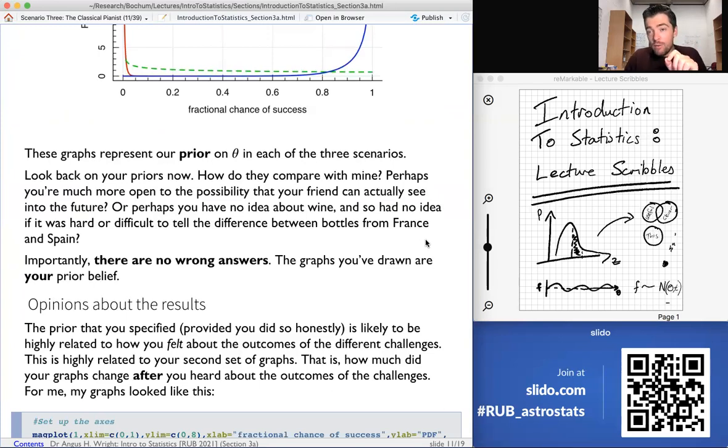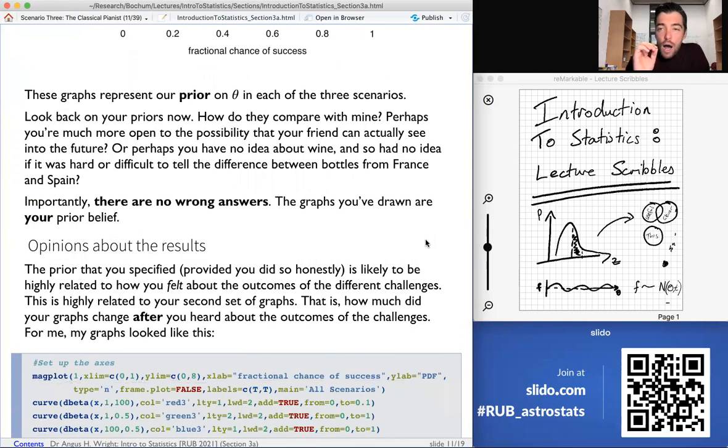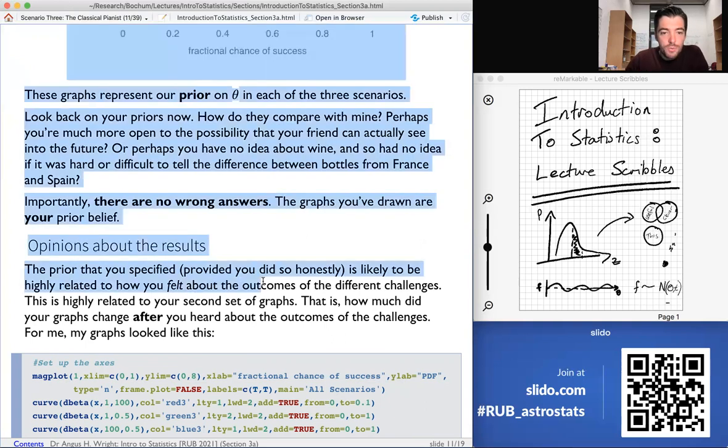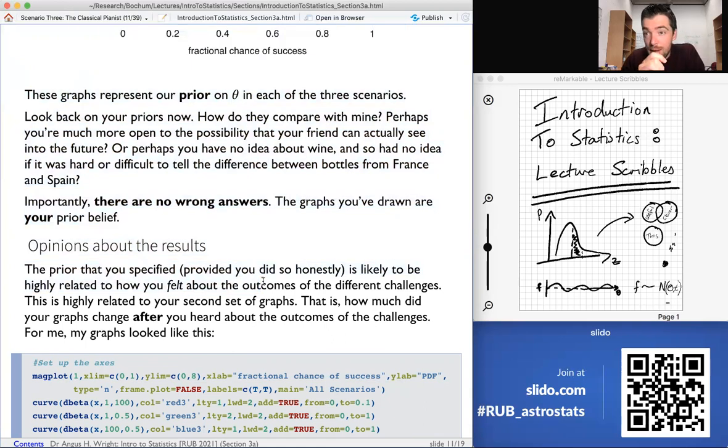Now we're going to look at what happens after we see the data. So your second set of graphs, after you saw the data, these relate to how you feel about the outcomes, right?